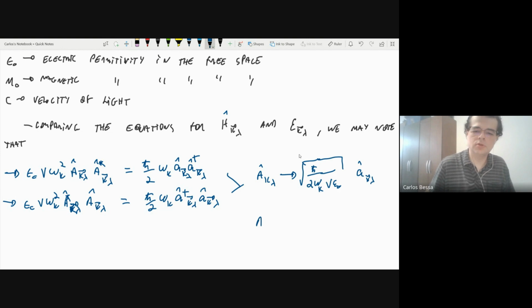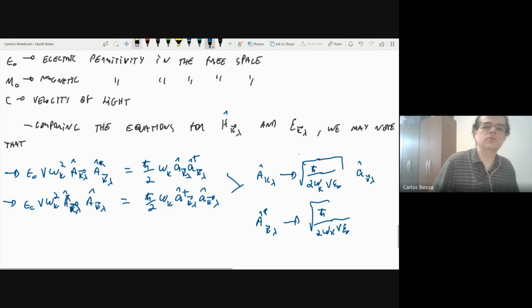And the other, the conjugate, the same thing. Sorry, on notation, this is this guy here, epsilon 0.